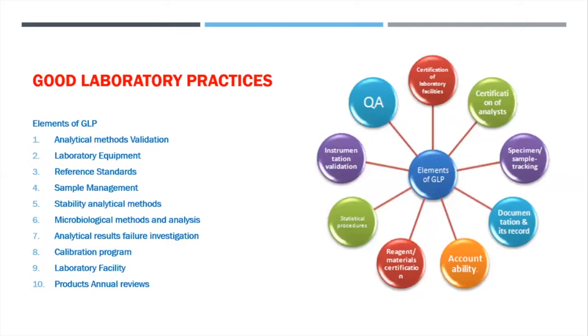Though you're still meeting your specification, it's still okay, it's still good to be released to the market. But is there a trend? And you notice that yes, there is a trend. It's slightly going down. So maybe in the next 2-3 batches, I probably would be getting out of specification results. So this will help you to take a preemptive action and say, hey, something is going wrong somewhere. Is my material okay?